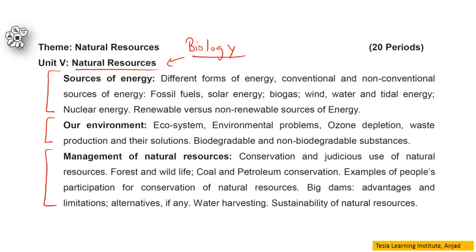Different sources of energy are there, and how can you use that energy and convert it into a useful form. Basically the useful form for us is electricity. So from different sources we are trying to generate electricity. The different ways are there.